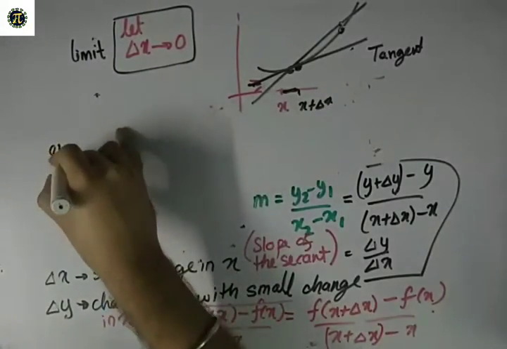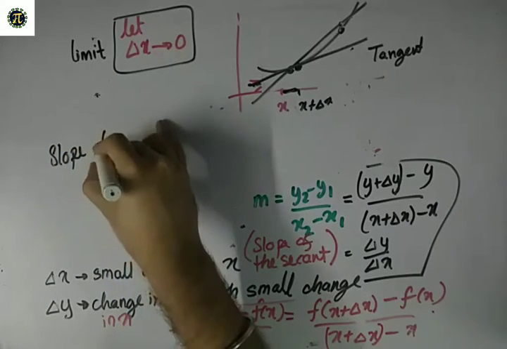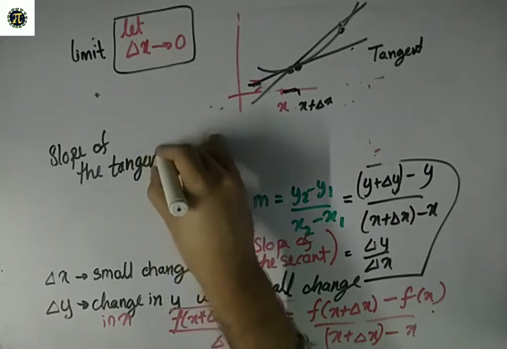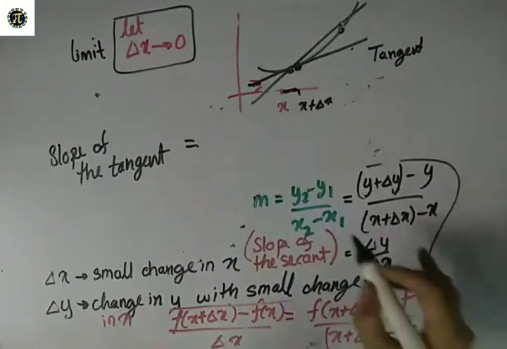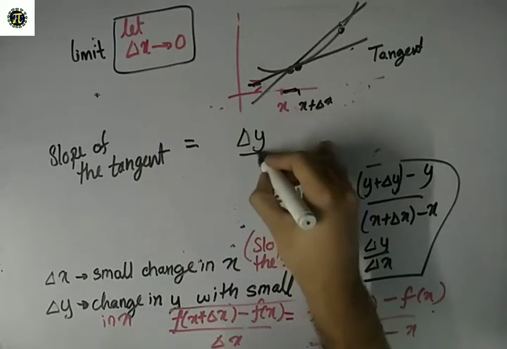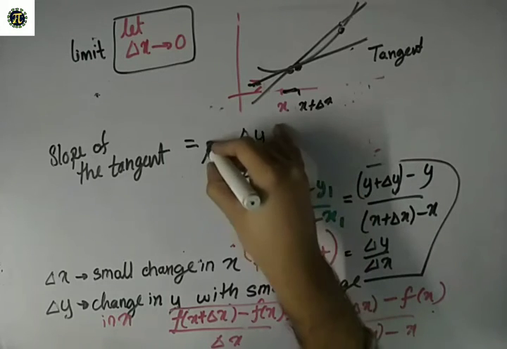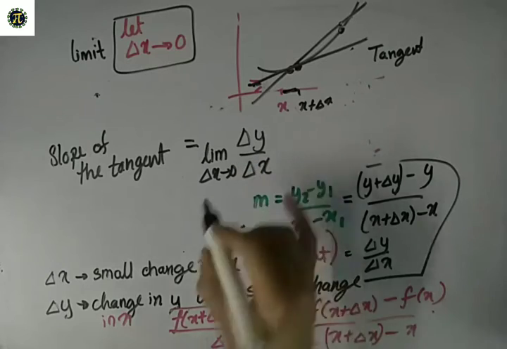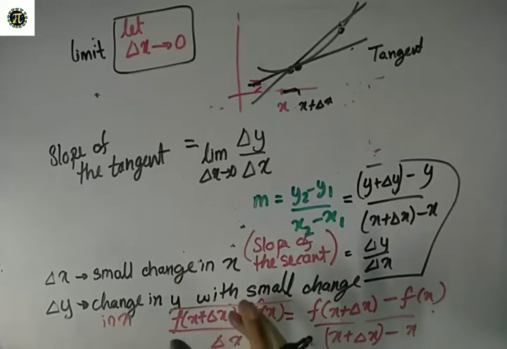The slope of the tangent for that curve is the same as delta y by delta x, but we have to apply a limit that delta x is tending to 0. Delta x was already small, so it has become infinitely small.